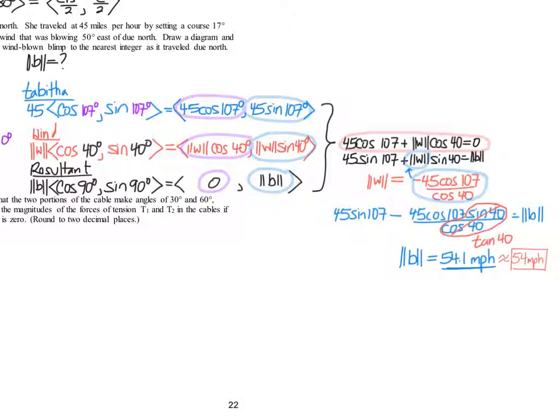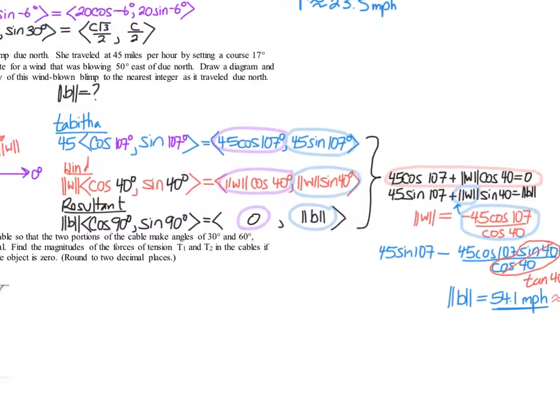So there is some component of vector W that's acting in the direction of vector B, so it's supporting her in her direction, vector T, in this particular case.